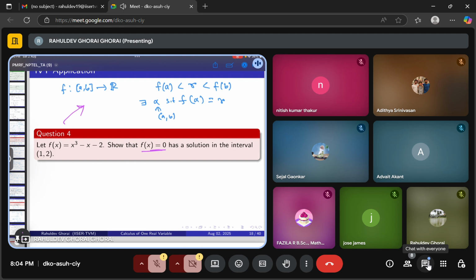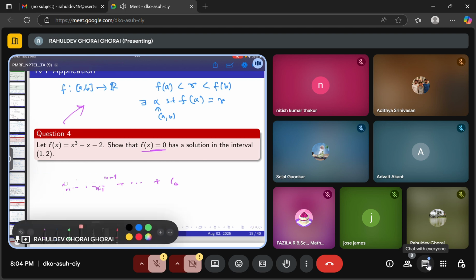When you have a polynomial type of function, like x^n plus c_(n-1) x^(n-1) and so on up to c_0, of degree n, these types of functions are always continuous. You can assume that. So the function is continuous. That is not a problem, right? Now what else to do?